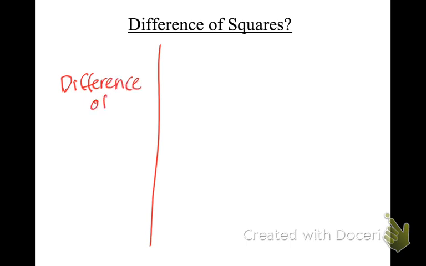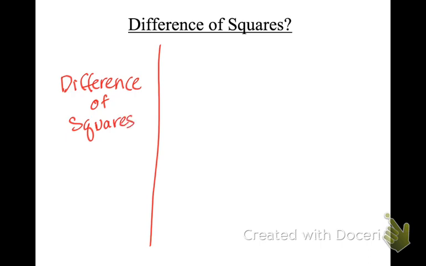Let's continue. So, a difference of squares. Draw a line. Make sure there's extra room that you can go back to that. On your left side, you're going to write that term, difference of squares.